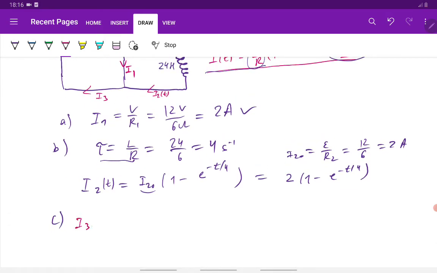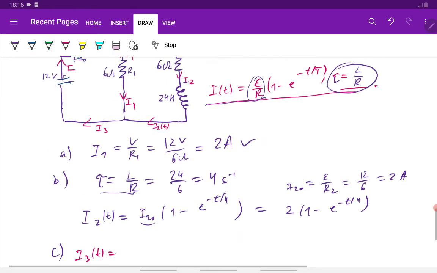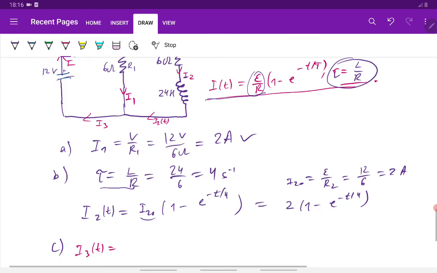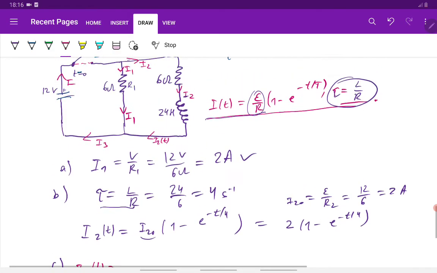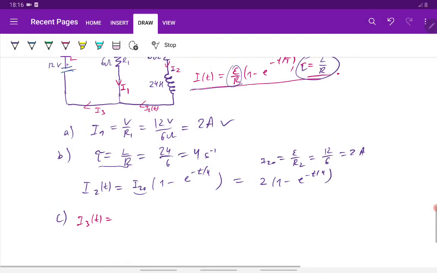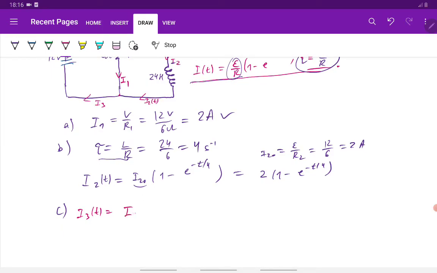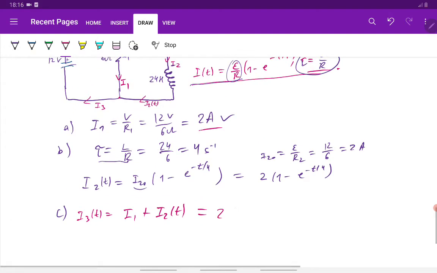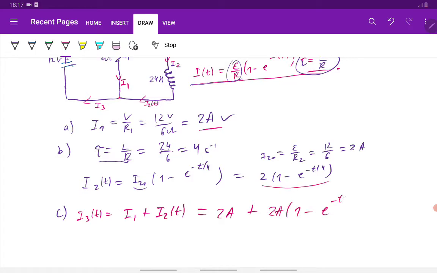So I3 of t equals, using Kirchhoff's junction rule, I1 plus I2 of t, right, equals I1, 2 amperes, plus this thing, 2 amperes times (1 minus e to the minus t over 4).